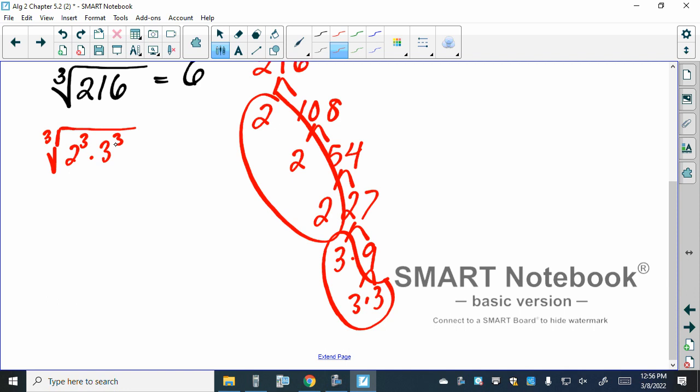The cubed root of 2 cubed is 2, times 3. Because 2 cubed is 8, but if we take the cubed root of 2 cubed, the cube root and the cube simplify out and leave us with 2 times 3, which is our 6. So this one worked out to be a whole number. But if it didn't, we would have to use the factor tree to group our factors in groups of 3 for a cube root.